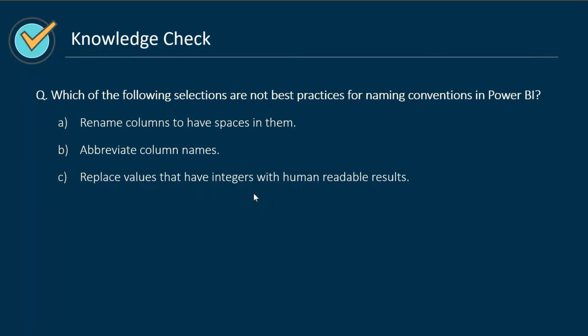Abbreviated column names. So if your column names are abbreviated, instead of writing name, it is NME or NM, then in that case you should give the right readable name.